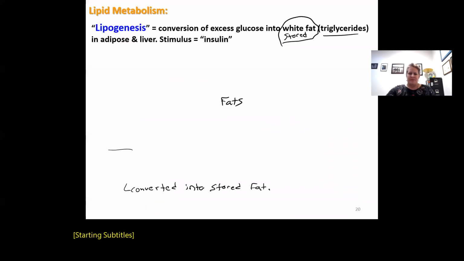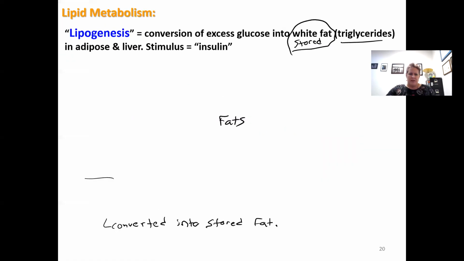So last time on Wednesday, we basically started lipid metabolism and the making of lipids. That's called lipogenesis. And this is where we left off on Wednesday's lecture on the 19th.